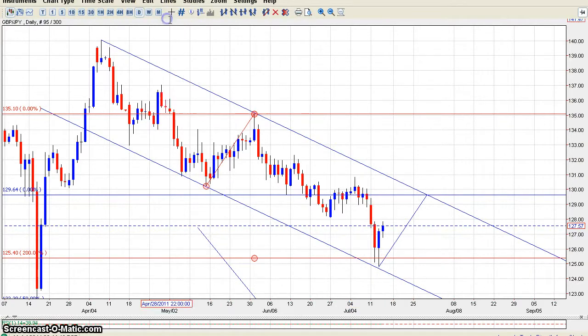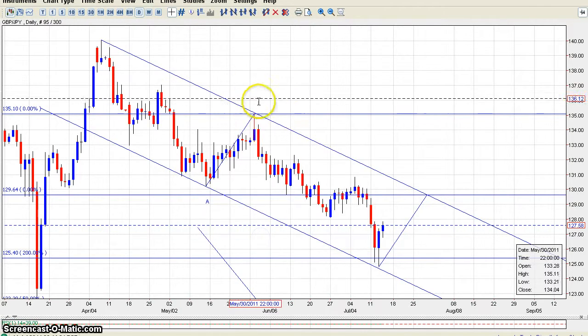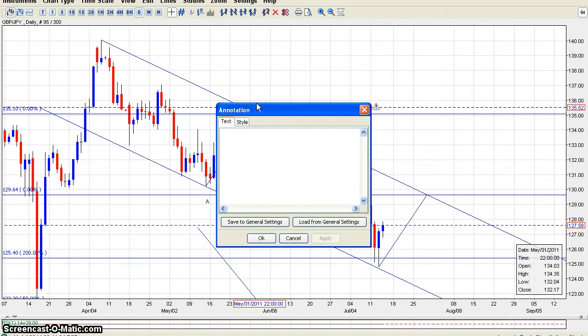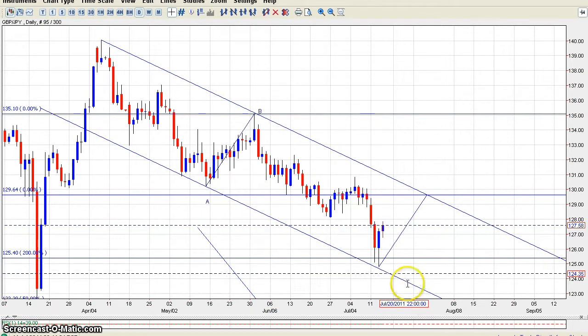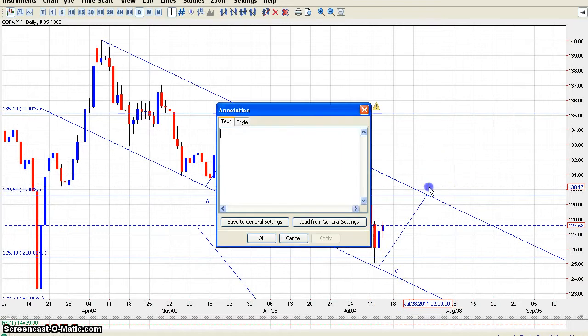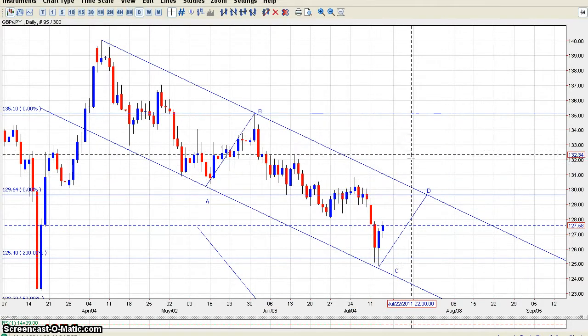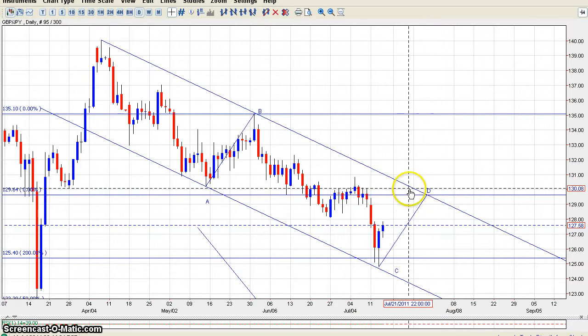So that's A, B, C, and D. Right. So my idea is to place an entry order near the D point.